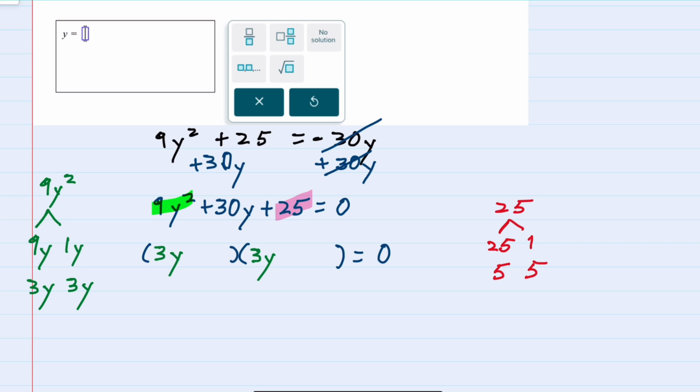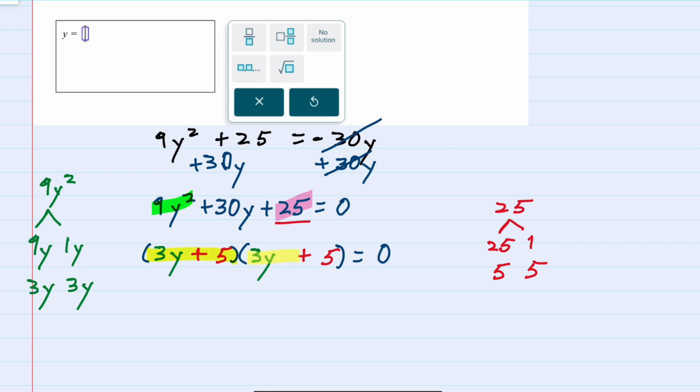And in this case, I can see that using the 5s, where both are positive, would multiply to be 25, but looking at the middle terms, 5 times 3y is 15y, and 3y times 5 is another 15y.